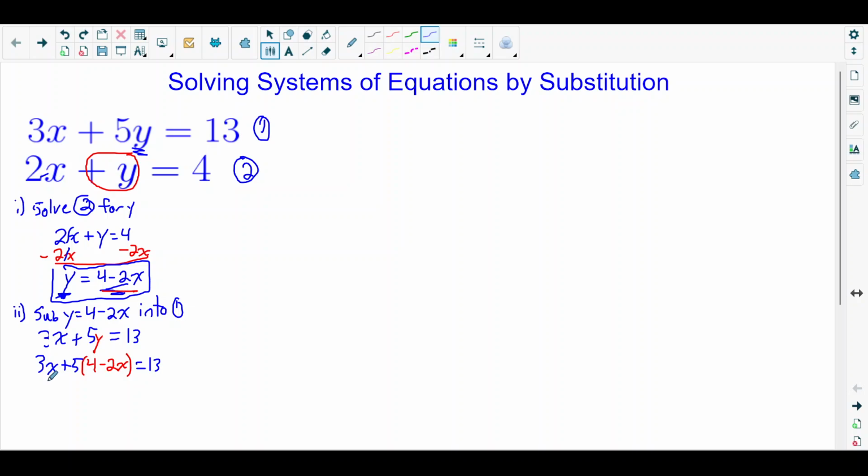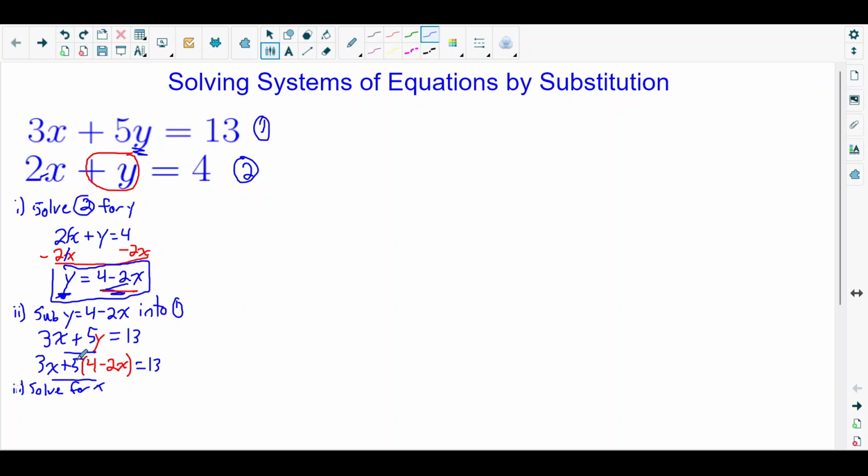So you can see our equation looks the same here as it does here, with the exception that we replaced y with this information. Our next step is really just to solve this equation for x. So I guess that's step number 3: solve for x, or whatever variable, in this case it's x.